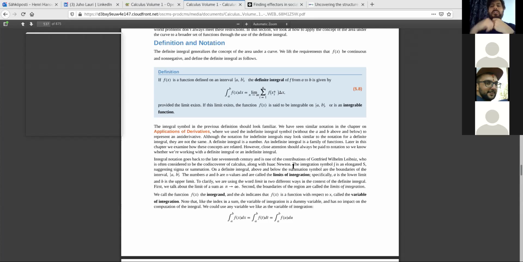So if we deal with functions that are not continuous, then we have to do it piecewise. So we have to find the area from one discontinuity point to another. And then if there's a sudden jump somewhere, then we have to find the area from that. We cannot use the Riemann sum over that gap. So for example, let's say I have a function that behaves like this. There's a sudden jump.